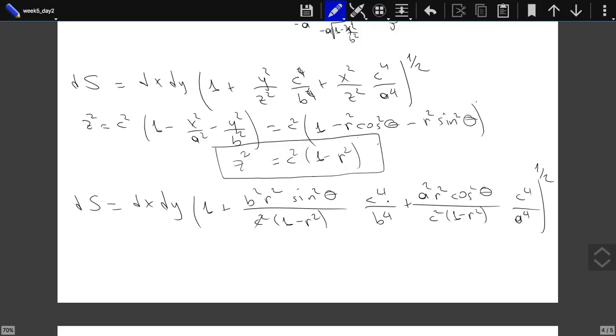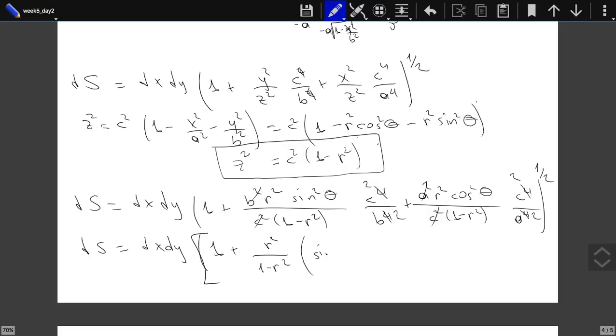So do we have some simplifications? Well, here we have c squared, here we have b squared, c squared, a squared. So ds is equal to dx dy, 1 plus r squared over 1 minus r squared. This is common in both terms.